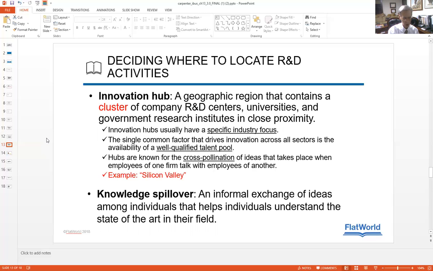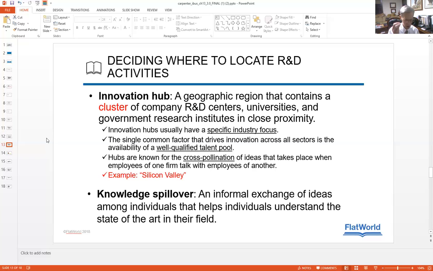Your authors have called these innovation hubs rather than clusters. It doesn't matter, but it's a geographic area where research, development, universities, government research, the supportive industries such as in telecommunications, transportation, what have you.